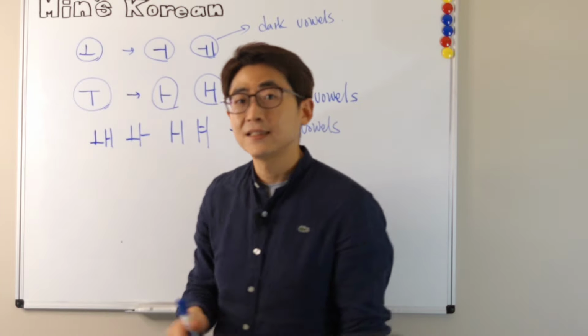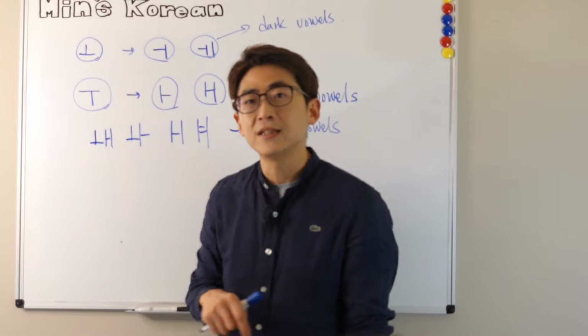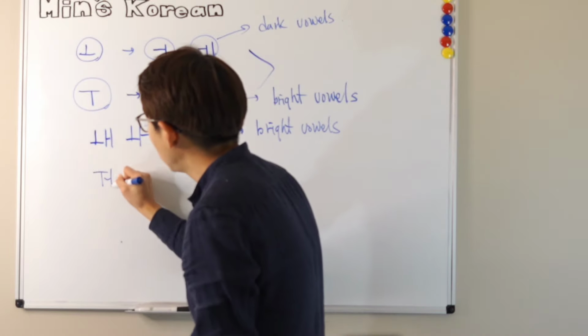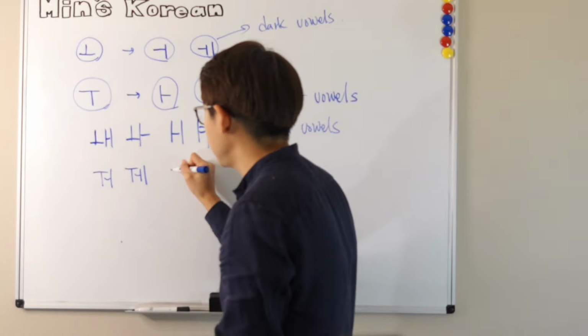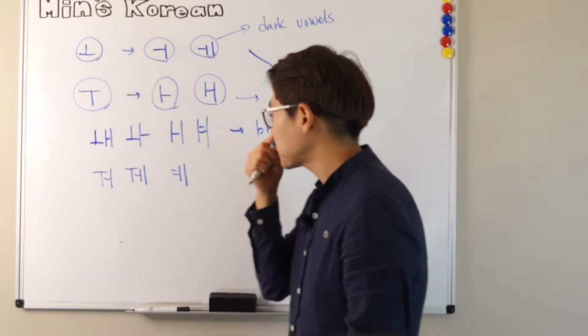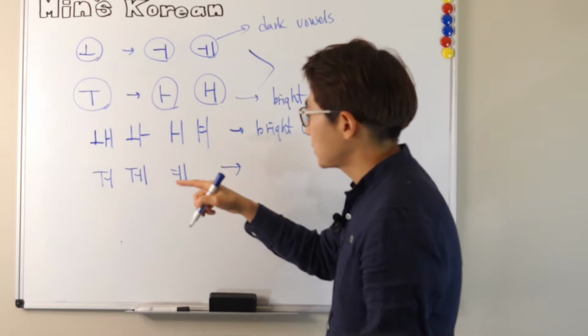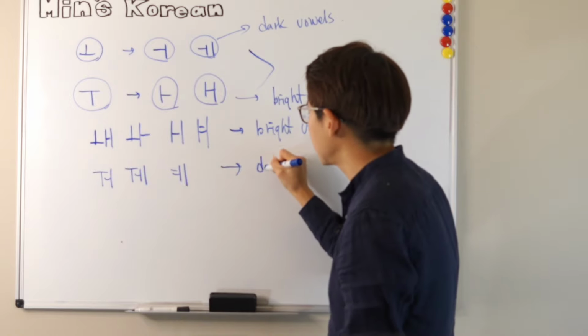On the other hand, the other two are considered dark vowels, along with wo, we, and ye.